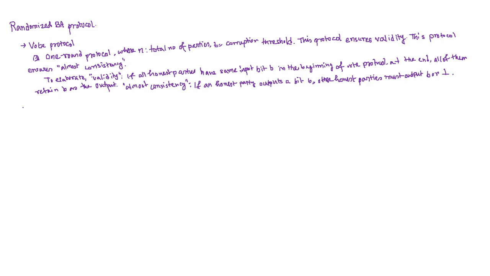Now this is about the vote protocol. How was the vote protocol instantiated? If you remember, this is just a one round protocol. All the parties have some initial input, say Bi.